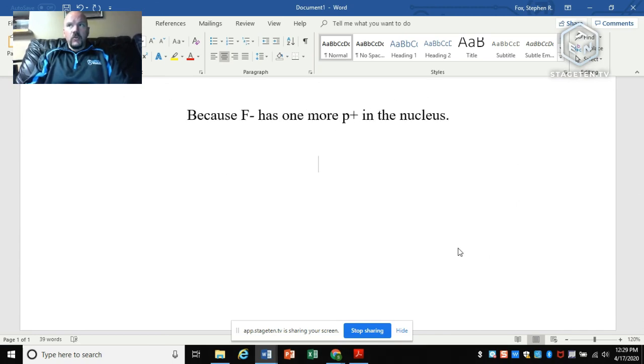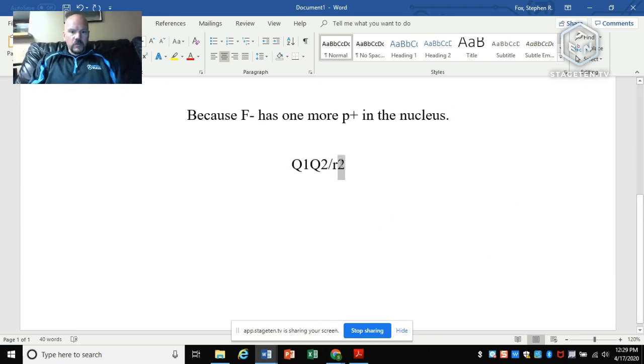If you want to talk about Coulomb's law, Coulomb's law is Q1 times Q2 divided by R squared, which is just charge one times charge two divided by R squared. That's essentially what the force of attraction is equal to.